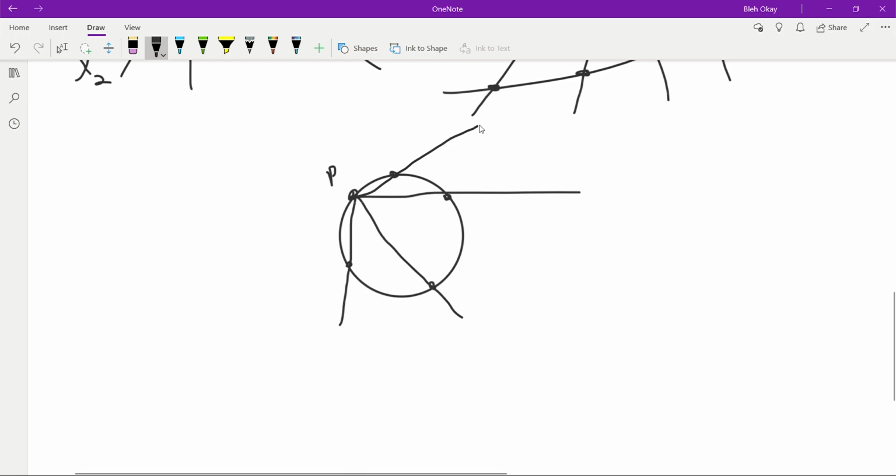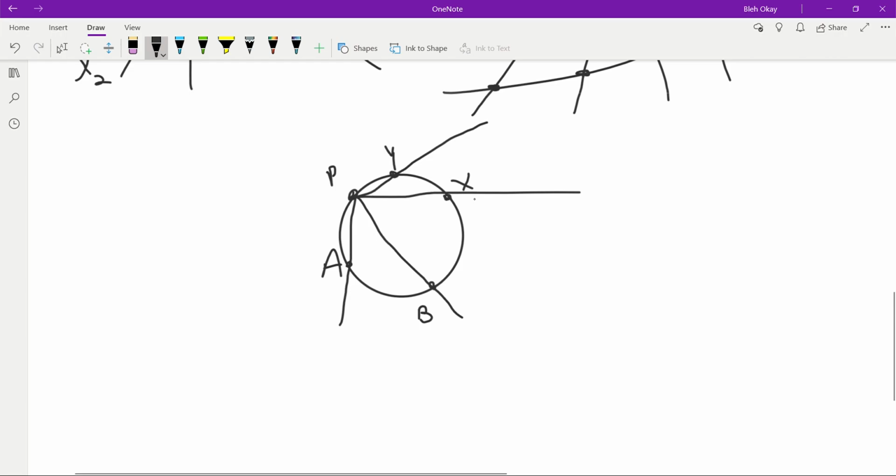So we draw these lines and we say that the cross ratio of these 4 points on the circle is equal to the cross ratio of these 4 lines.